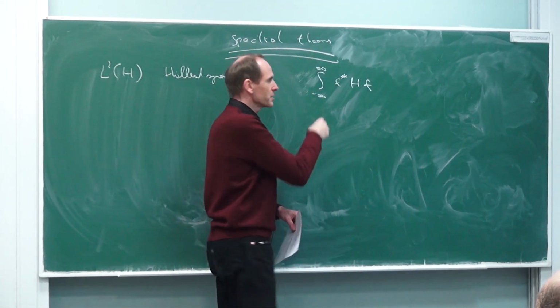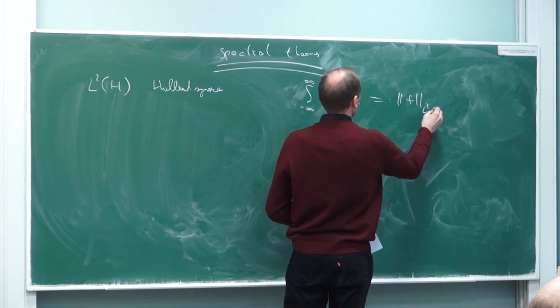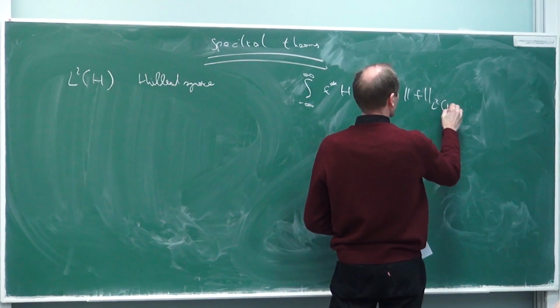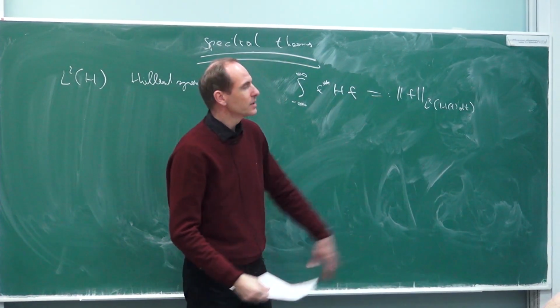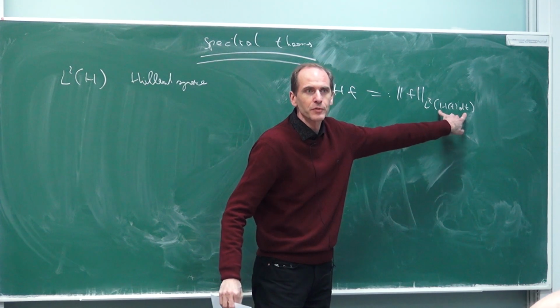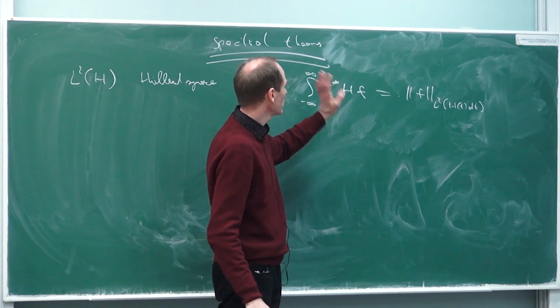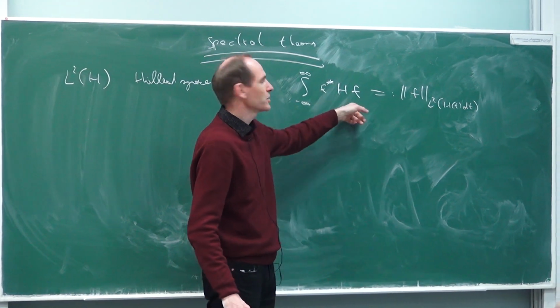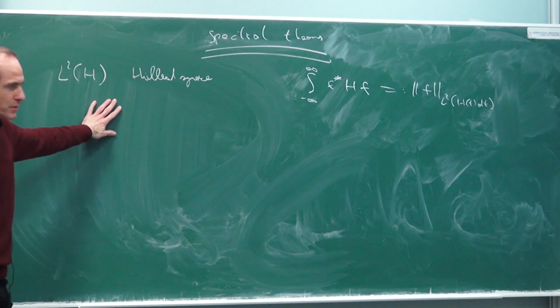So we can look at the usual L2 space with respect to this matrix-valued measure, which is all functions which are measurable and such that this is finite. And that's almost the model space.